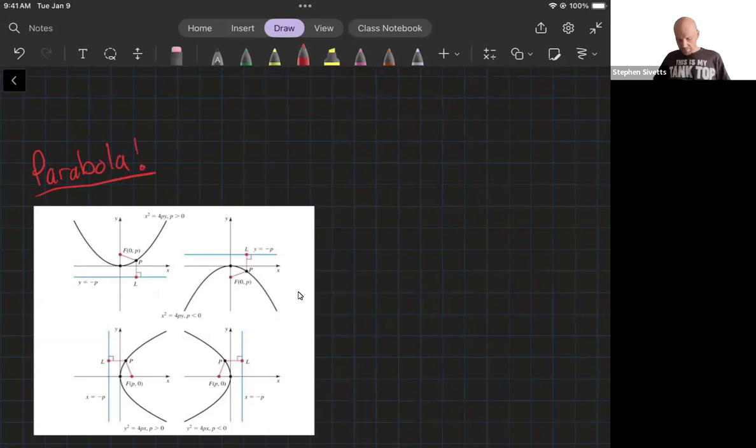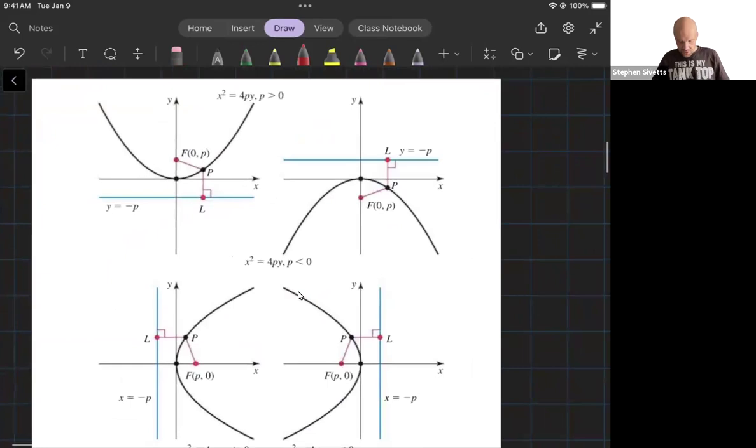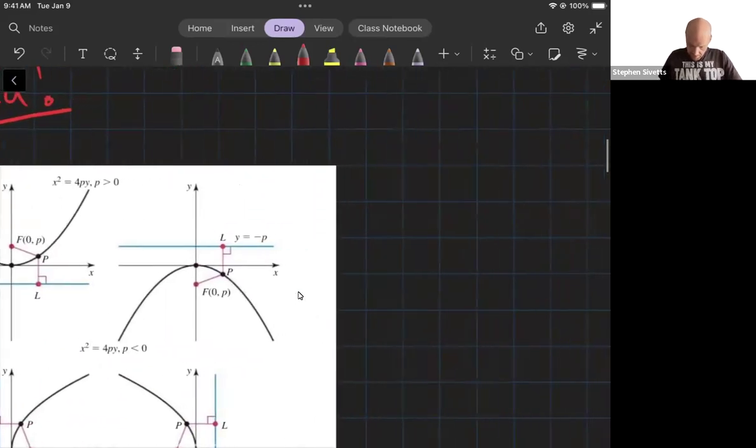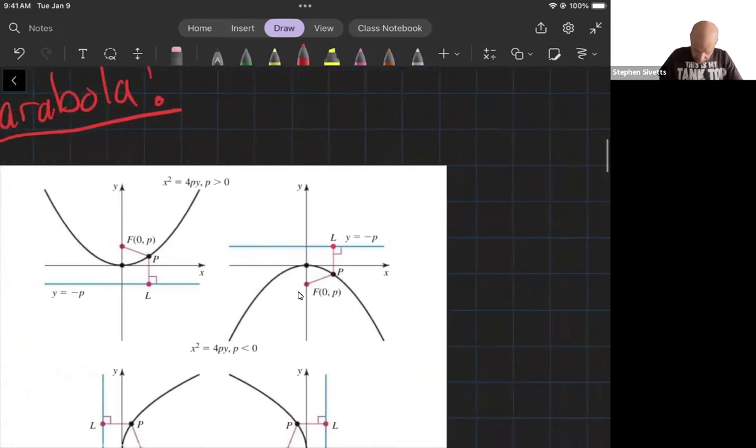Very common shape, right? This is what the illustration of a parabola will look like in terms of the conic section, right? So the equation of this type of parabola, where it opens up or down, is indicated by this equation right here.